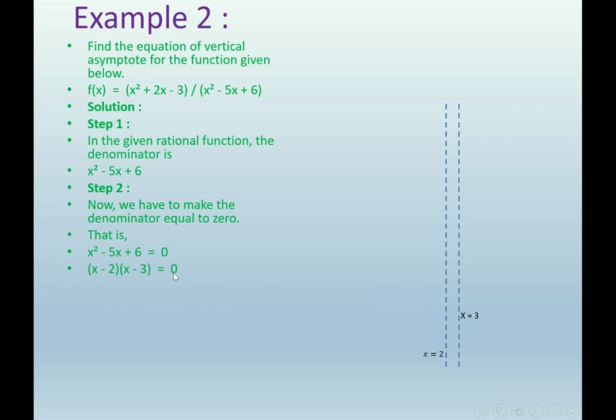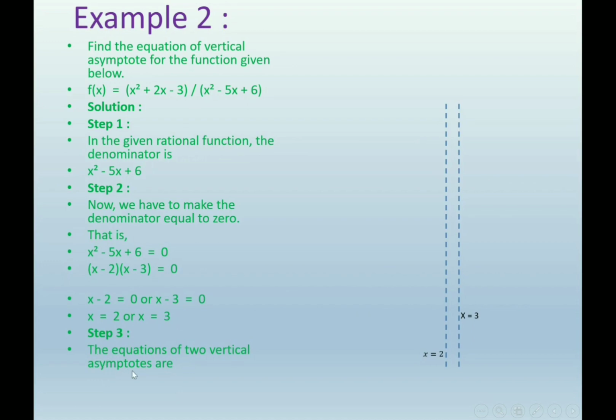The whole is equal to 0. Now solve it as either x minus 2 equals 0 or x minus 3 equals 0. Then x equals 2 or x equals 3.